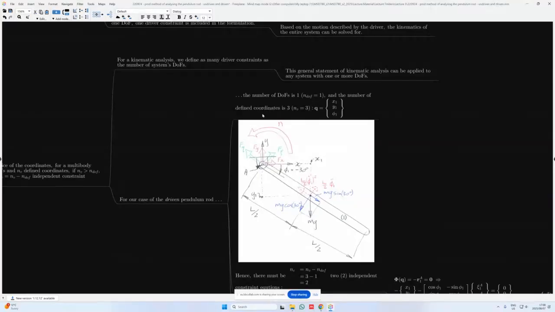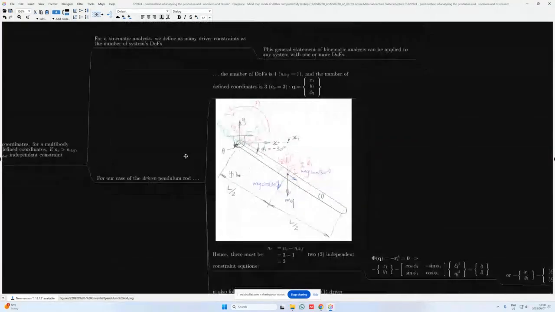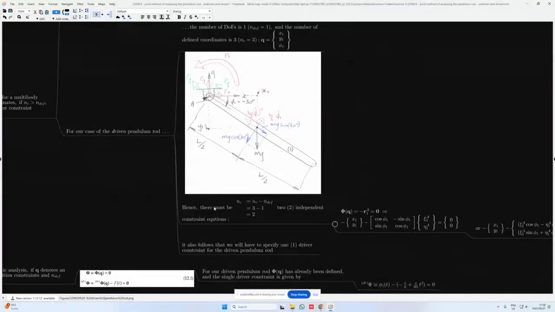And the number of defined coordinates is 3. So that is just the 3 times 1 that gives you the number of defined coordinates. And then we denote our coordinates of the center of mass as x1, y1, phi1. So in relation to this, we therefore need a total of 2 independent constraint equations.